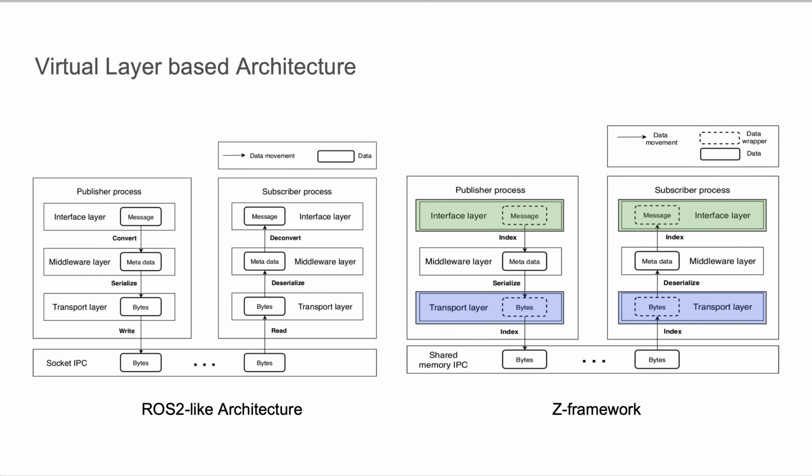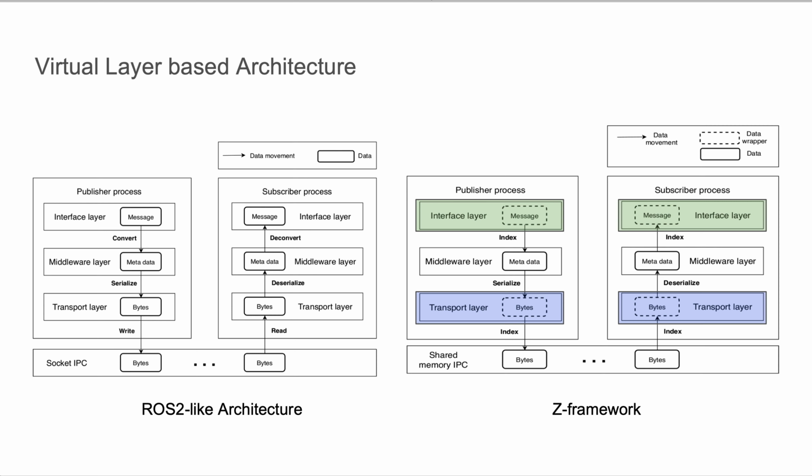In order to address those performance problems, we designed a new architecture called virtual layer-based architecture. The left-side figure shows the architecture of those two. The right figure shows the virtual layer-based architecture.